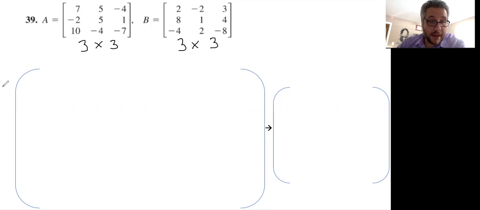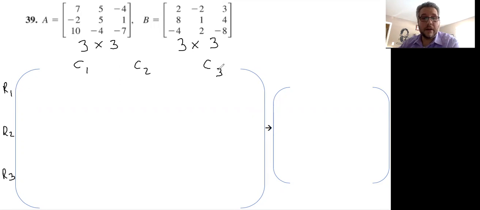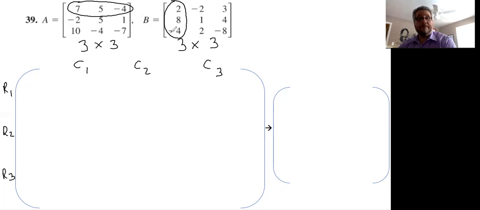So in this case, we have 3 rows, row 1, row 2, row 3, and we're going to have 3 columns. Column 1, column 2, column 3. Okay, off we go. We're going to start with everything in row 1 times everything in column 1, and we're going to multiply like elements.